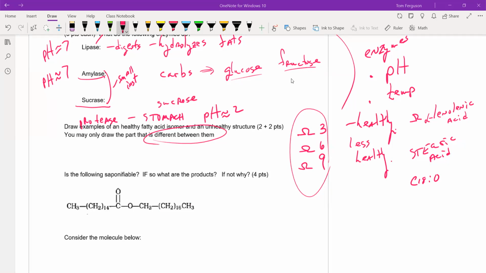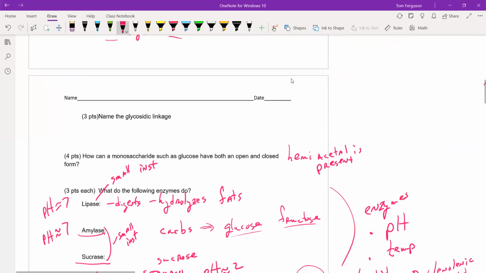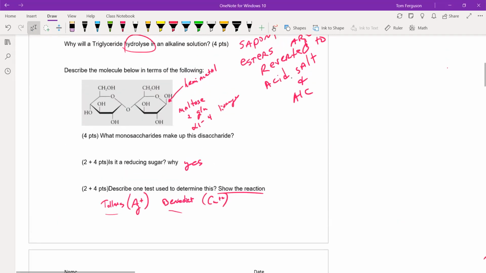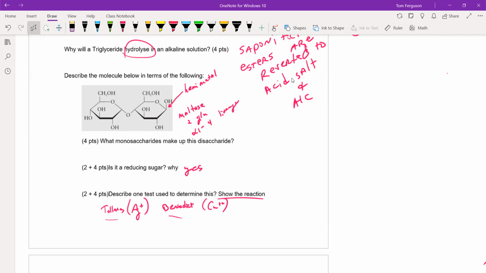This is what's the linkage in the top question. You're talking about the first question we went over? On this page, so up here. Okay, that is alpha 1,4, which I mentioned here.